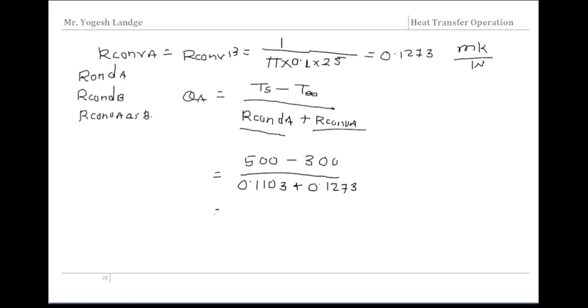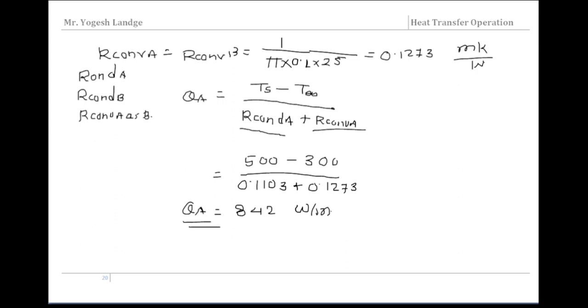So we get the answer Q of A, which is 842 watt per meter. This is the first section, where heat is lost from insulating material A.